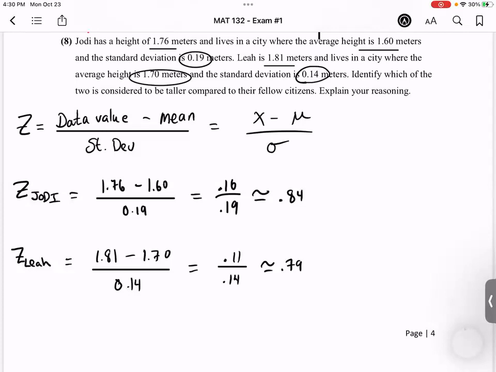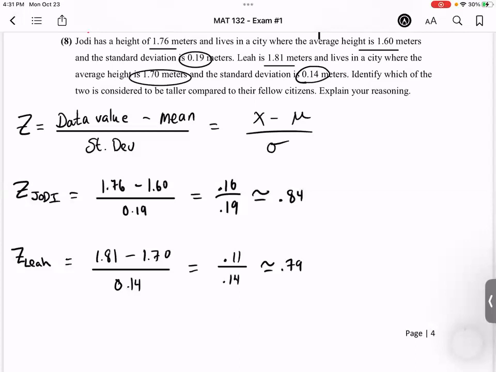All right. So we have the z-scores for Jody and Leah, and we're comparing their heights. We're trying to see who's taller compared to their fellow citizens. Citizens means people that live in their city. So who do you think is taller? Jody. That's right.